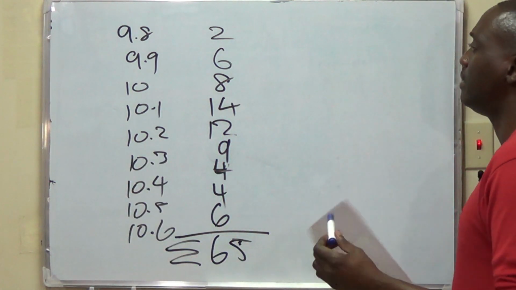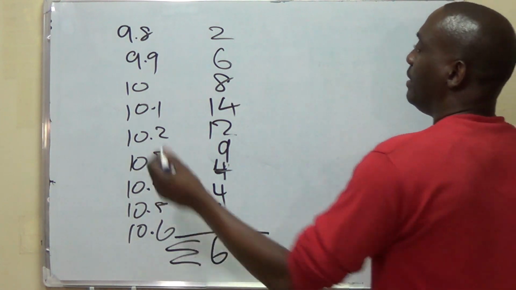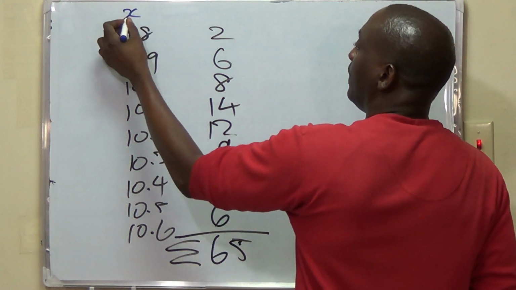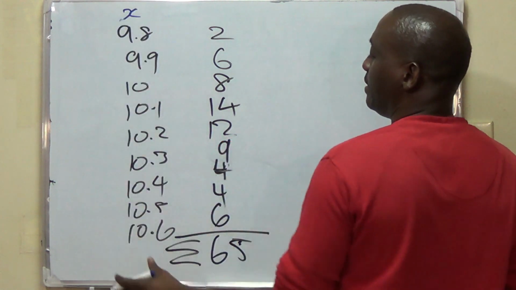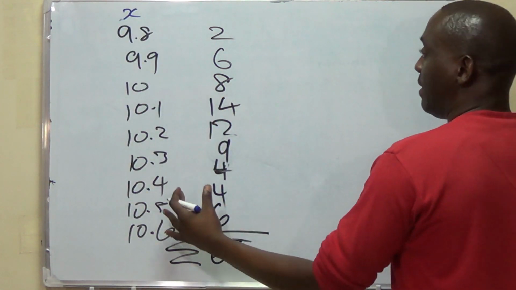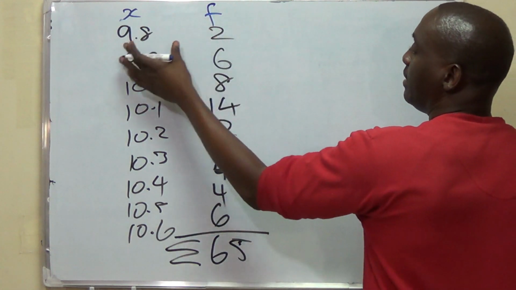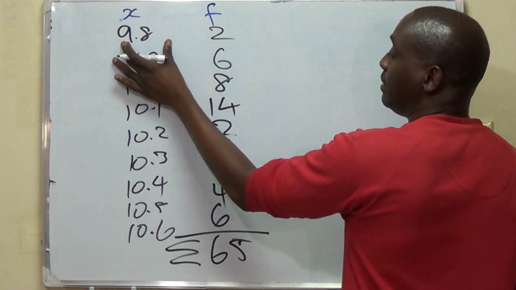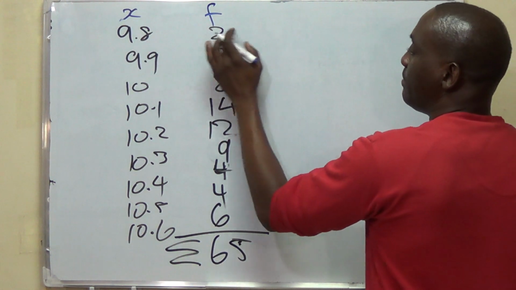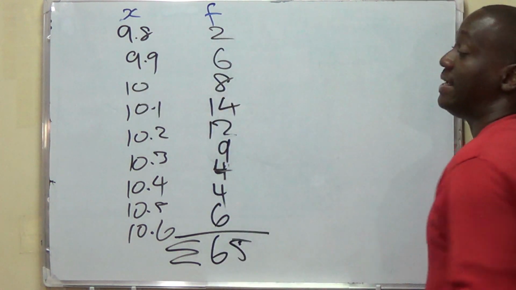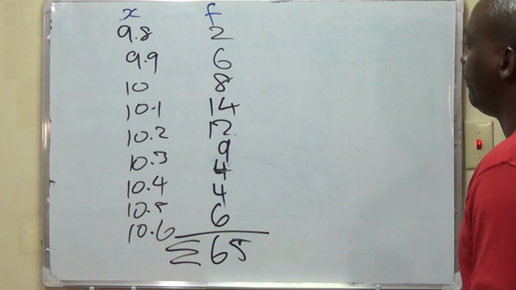So in this case, if we have the same table, let me call this X, where X in general is any weight, and I will call this F, where F is the frequency for each weight. Good? So 9.8 2 times, 9.9 6 times, etc.